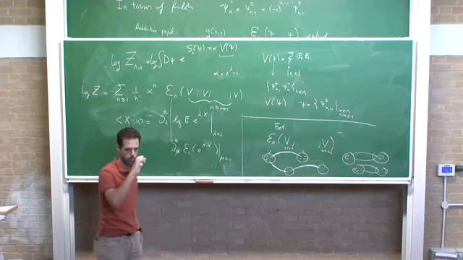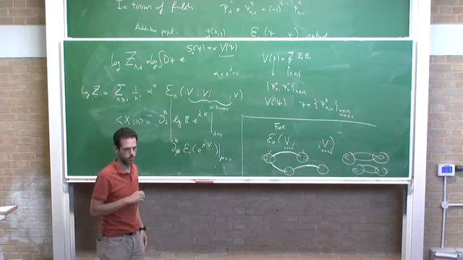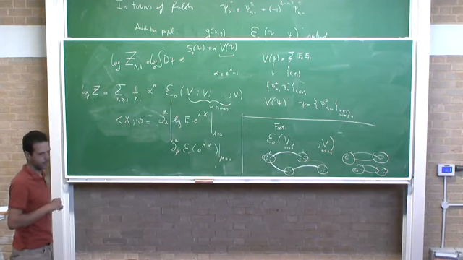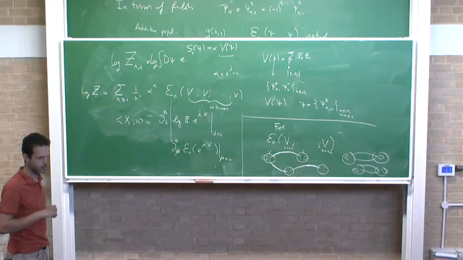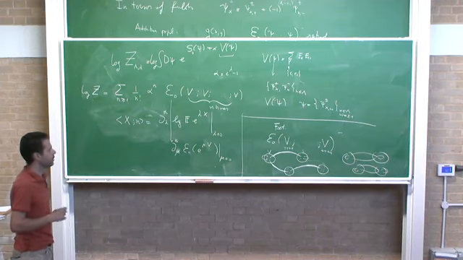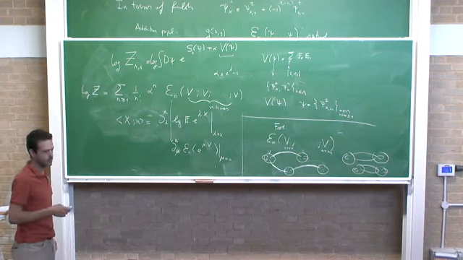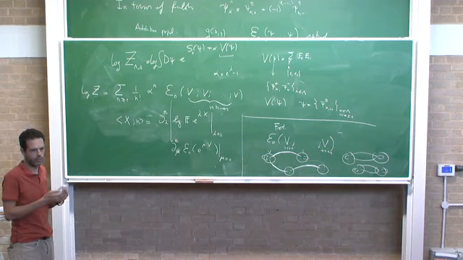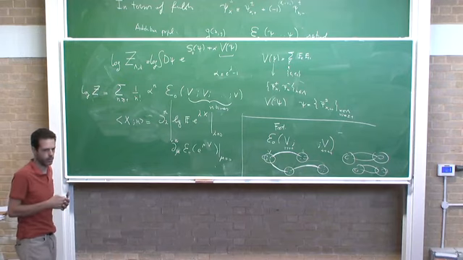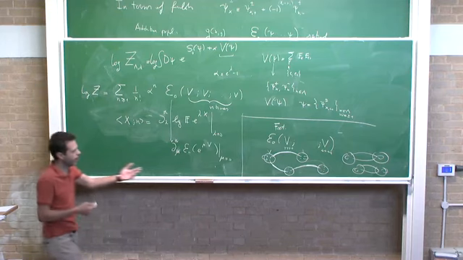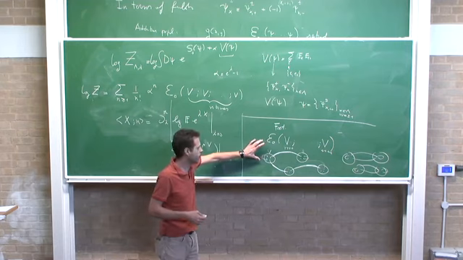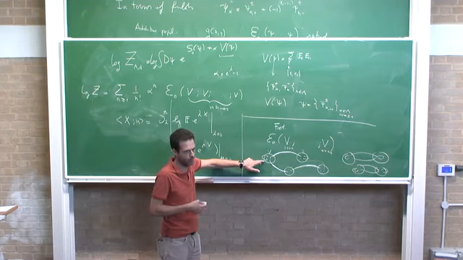If you expand Z, you would get the sum over all the graphs, and if you expand the log of Z, you get only the connected graphs, which is a miracle, but it's exactly like expanding the moment generating functions. It's just one of those wonderful miracles that one has to prove. If you have not seen it, it's not trivial. It requires a proof.